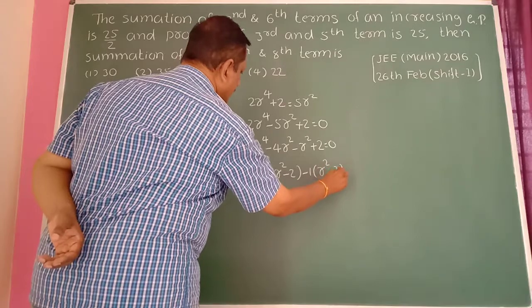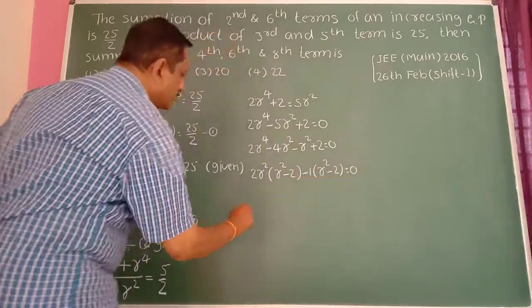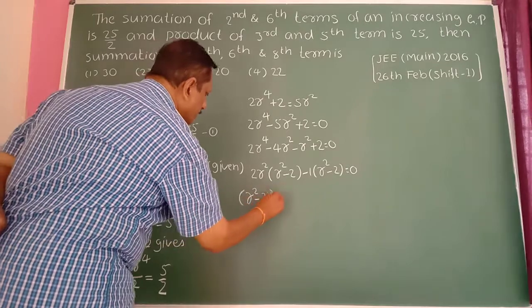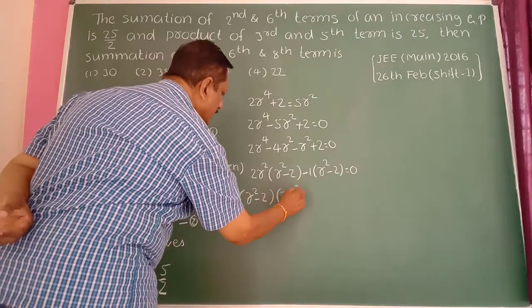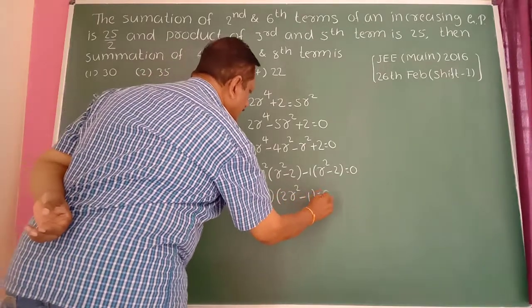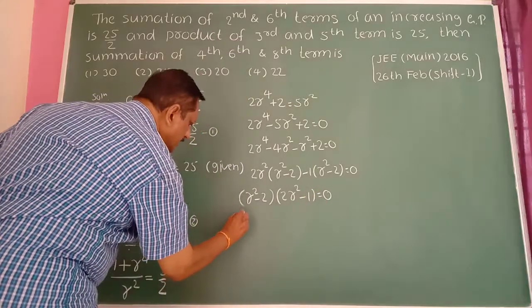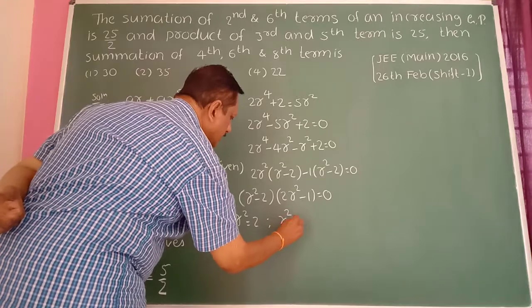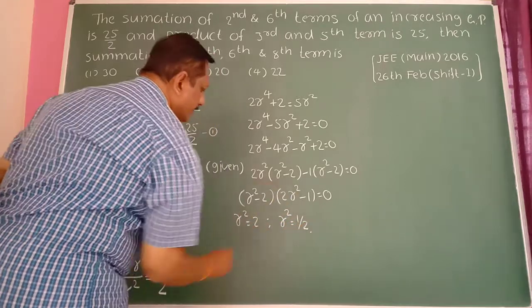R^2 minus 2 is equal to 0. So (R^2 minus 2)(2R^2 minus 1) is equal to 0. So R^2 is equal to 2 or R^2 is equal to 1 divided by 2 here.